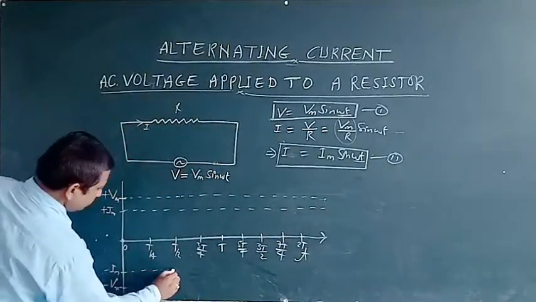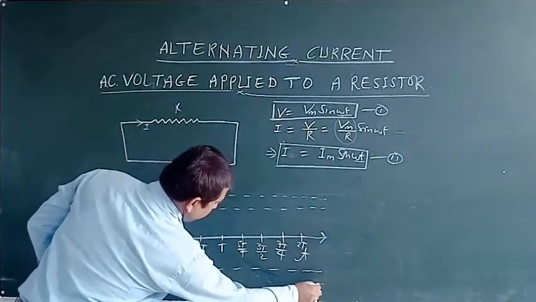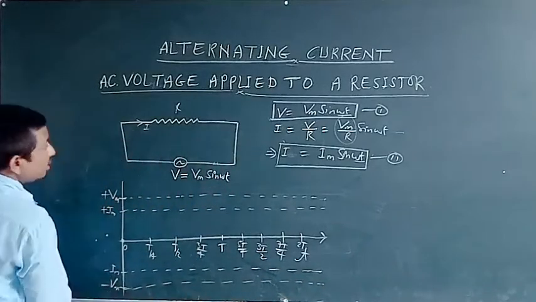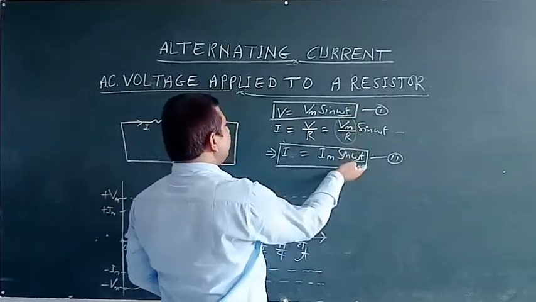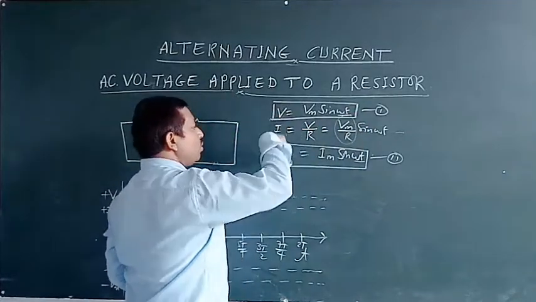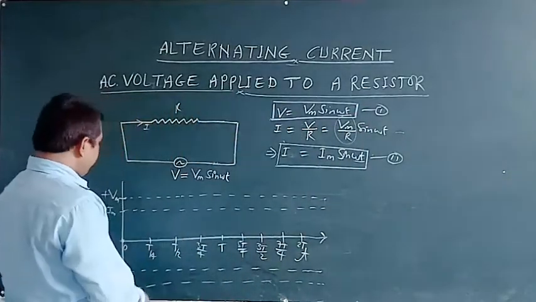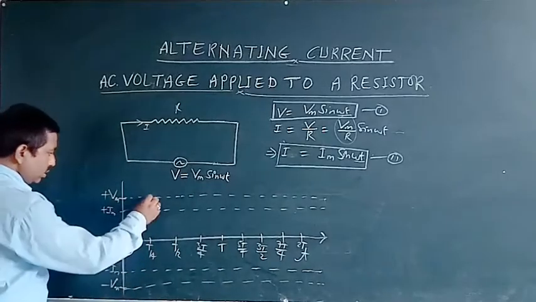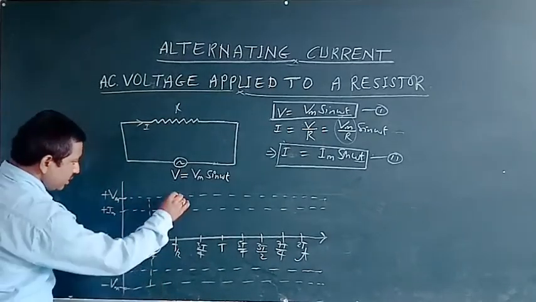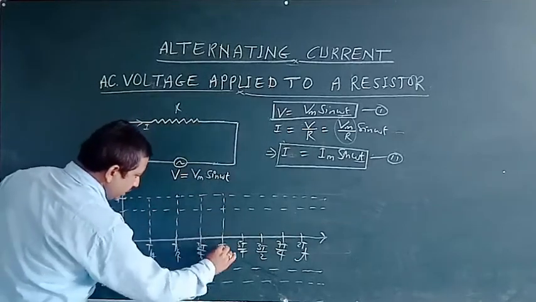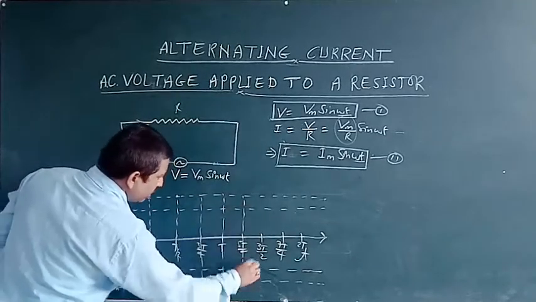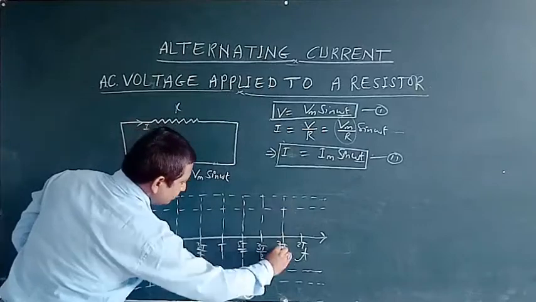If you draw a table and put in the values of t, then you can also find the different values of V at different values of t. If we plot the graph for the potential and current with respect to time, you get a graph like this.